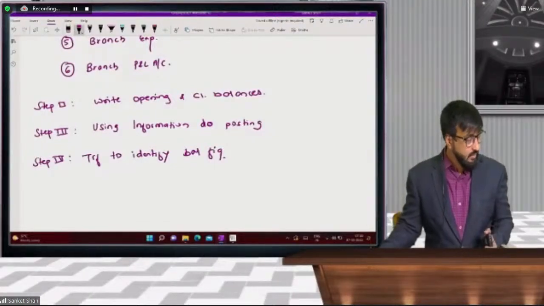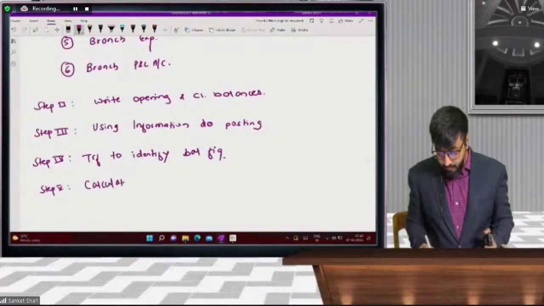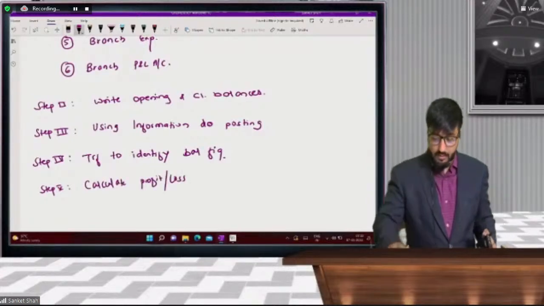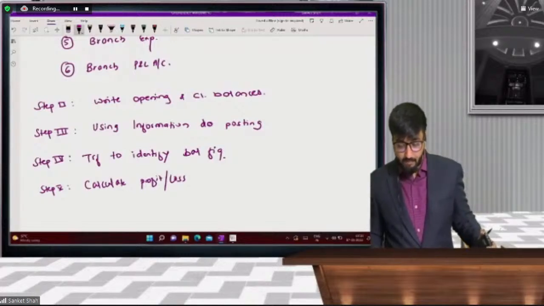And then step 5: calculate profit or loss.